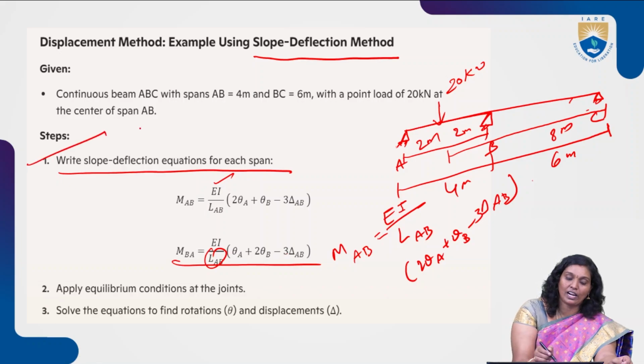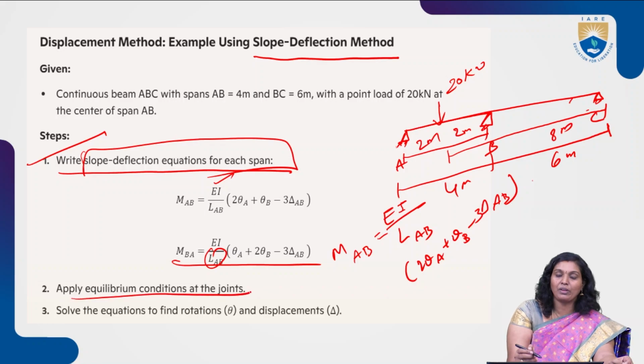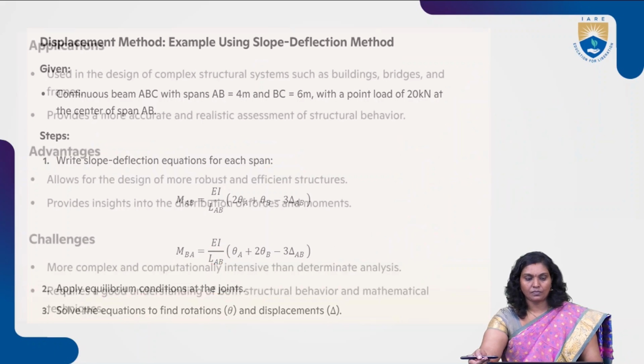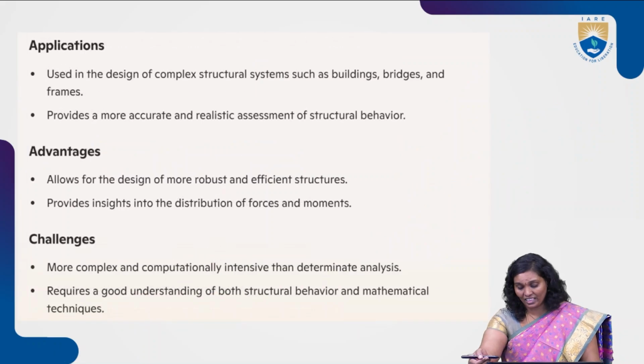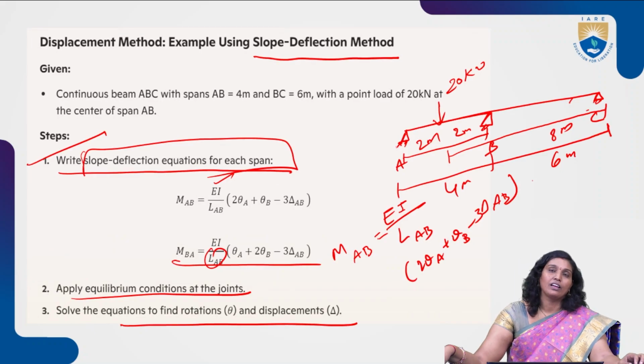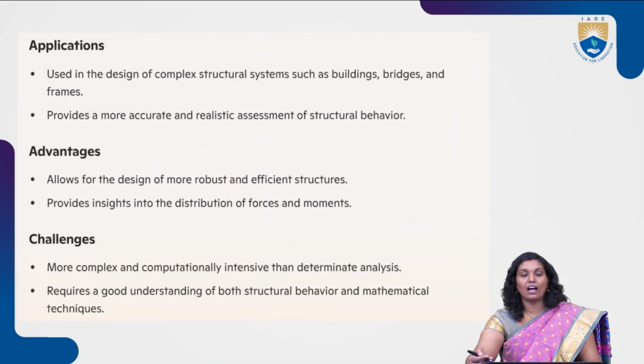This is the step. First write the slope deflection equations of each span, apply equilibrium conditions at joints, solve the equations, and find the rotations and displacements. These are the steps involved. Each method has its own different steps for getting the unknowns.